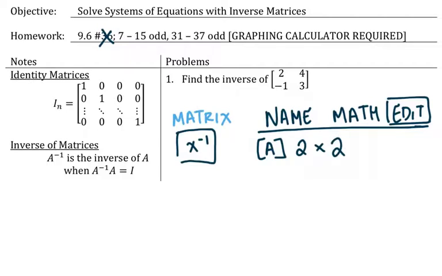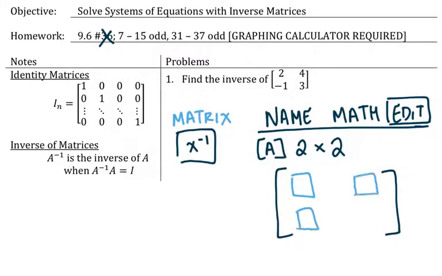Click enter, and then it will give you a matrix that you can fill in with numbers, in this case 2 rows and 2 columns, and we're going to fill in our numbers and then click enter. So in this case, I want to plug in 2, 4, -1, and 3. You can put in decimals, you can put in terms of pi, you can put in any type of number that you like.